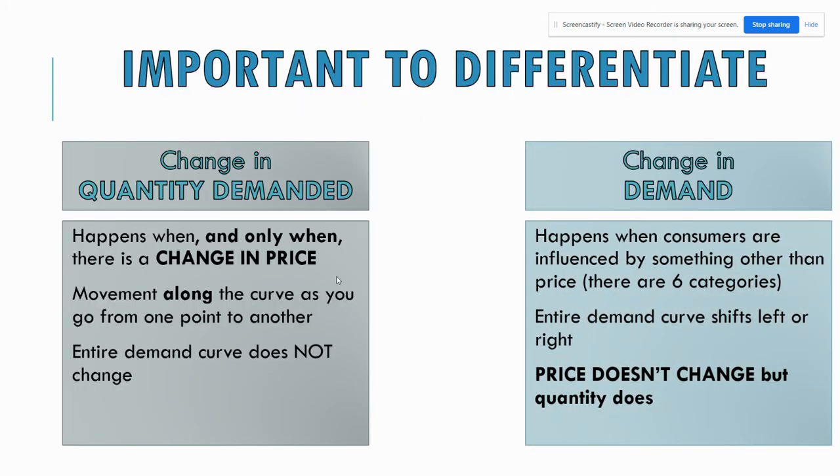Now, if you ask yourself, did the price change, and the answer is no, then it's a change in demand. That's telling us something else is influencing our behavior. We have 6 categories for why we're influenced, but for now, just realize something else in life is happening, right? And it doesn't matter what the price is set at, people would want more or less of that product regardless of what the price is.